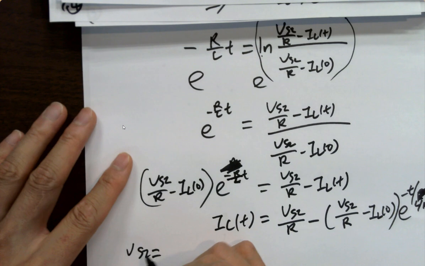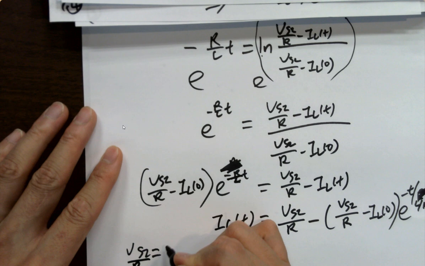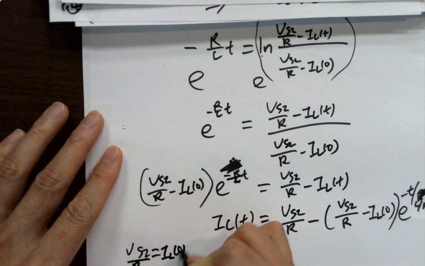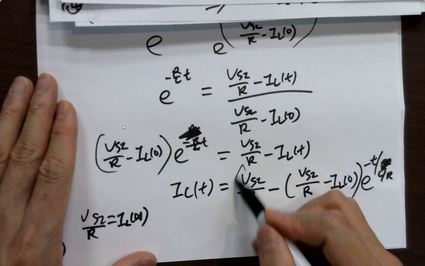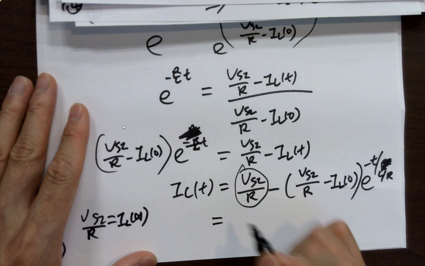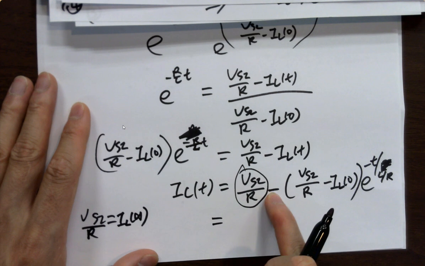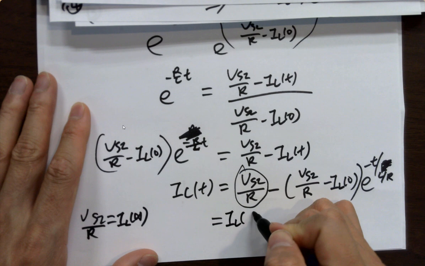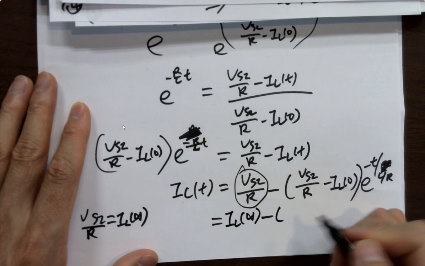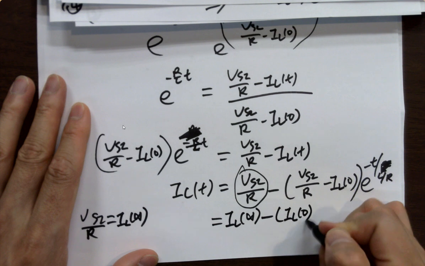Right. So VS2 over R is actually IL infinite. So this is IL infinite actually. So eventually you remove the minus sign inside, so you can flip it. So you're getting IL infinite minus what? IL0. Still the same format.